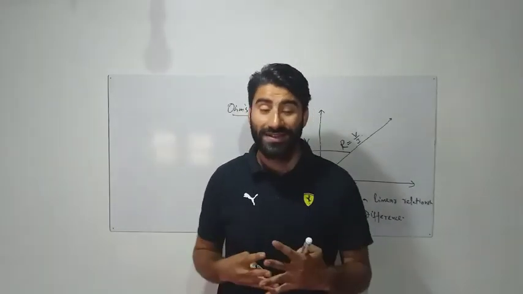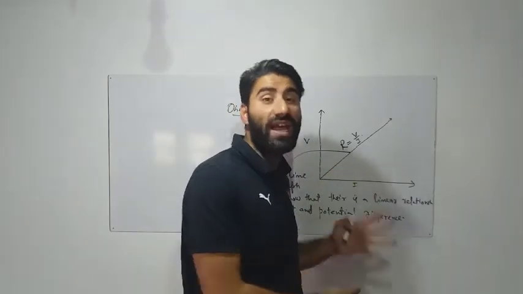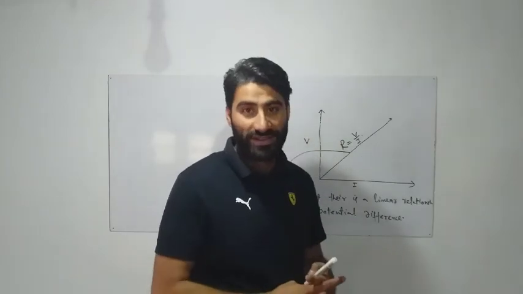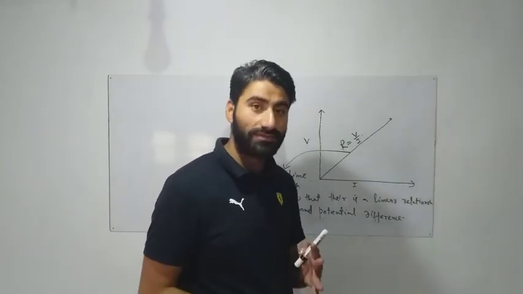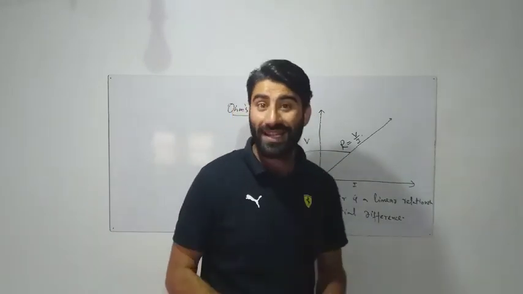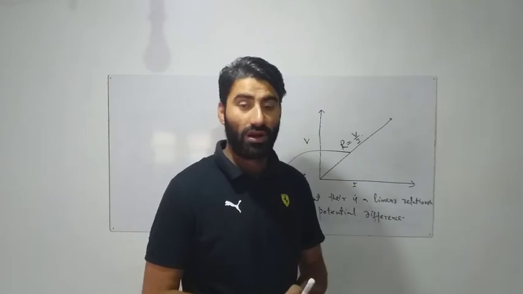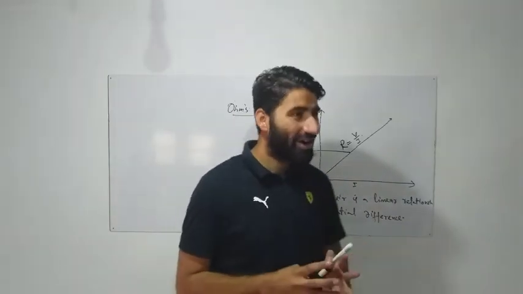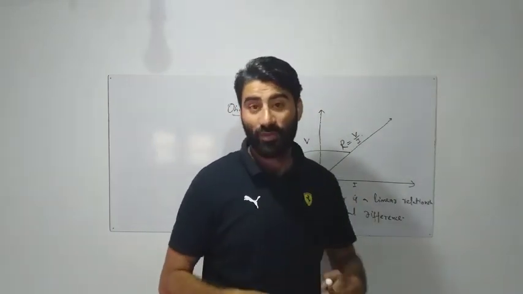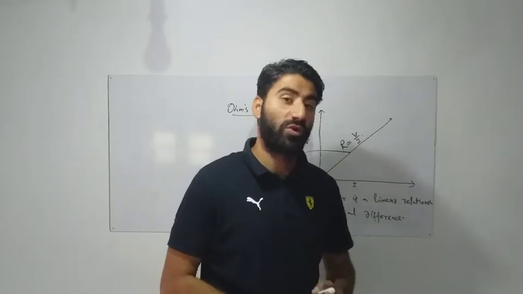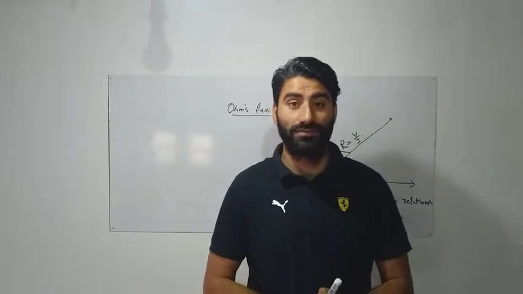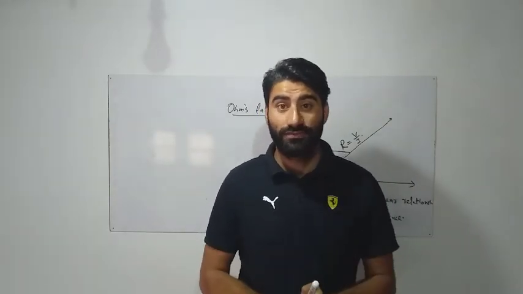We also know that this resistance does not depend upon V and I. This R depends upon its own physical parameters, that's the temperature of the material, the type of material, and also the length and cross section of the material. All right, and we also find that current is inversely proportional to the resistance, and current is proportional to the potential difference. So let's conclude our topic here. Thank you for watching. Thank you so much.